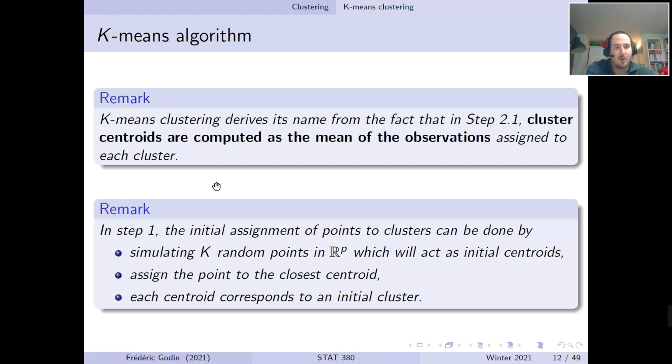So at step 1, what you can do is randomly sample points which would act as centroids, and then you assign each of the observations to the various clusters based on the closest centroids, and these would be your initial clusters. So this is another way to do the initialization, where instead of completely randomly assigning the observations to the clusters, you randomly generate points which act as centroids in your initialization and then assign observations to them.